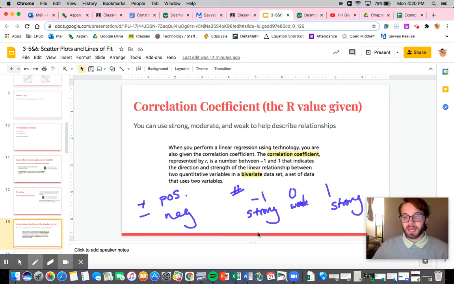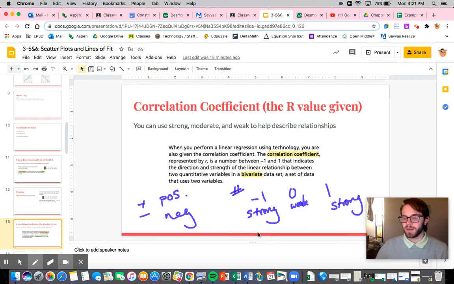Pretty much anything close to 0 is a weak correlation, like a 0.2, or a negative 0.14, that's pretty low.